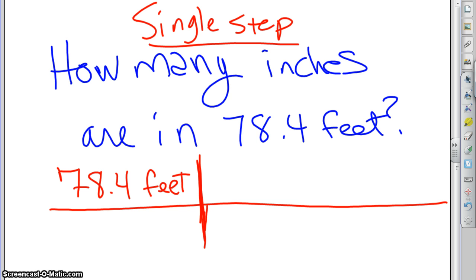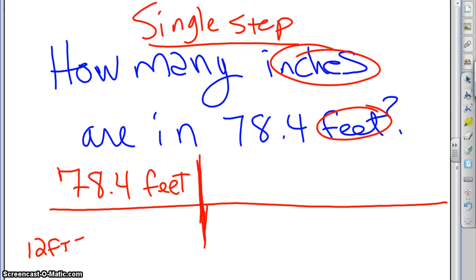Our conversion factor here, we need a conversion factor that goes between feet and inches, and most of us know that. Most of us know that 1 foot is equal to 12 inches.